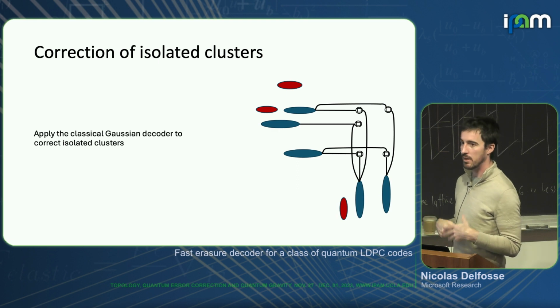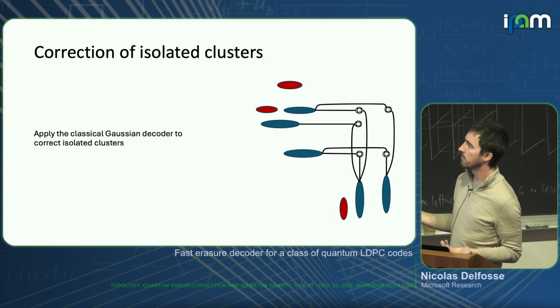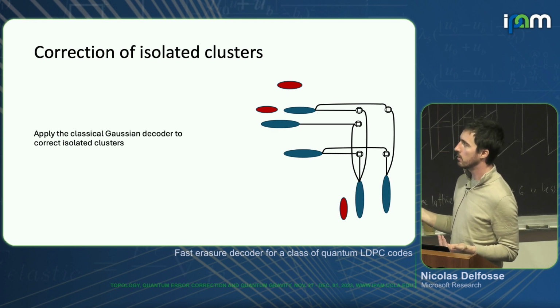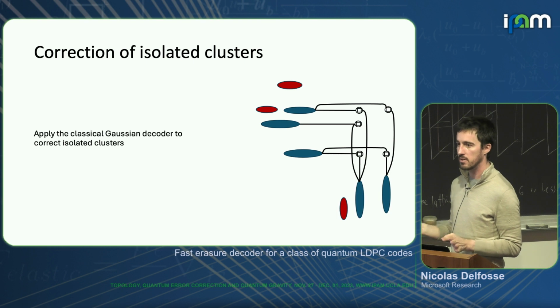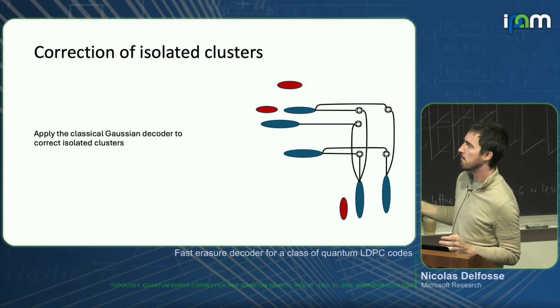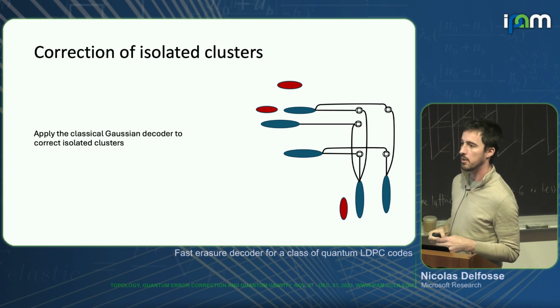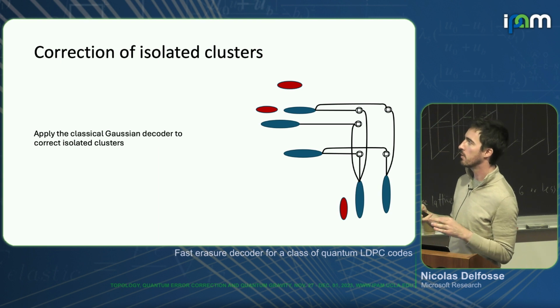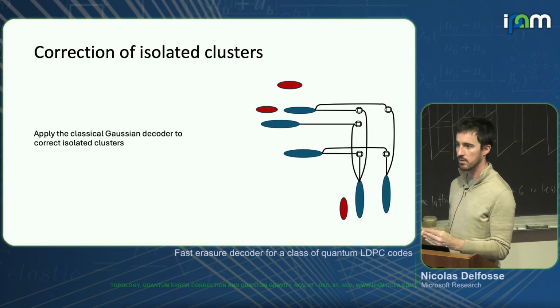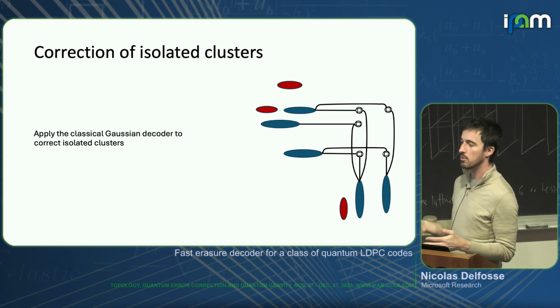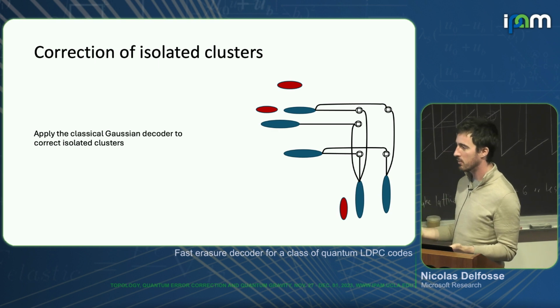So now, let's correct in this graph. The first thing we're going to do is look at the simplest part, the isolated clusters. It's a single cluster. It's not connected to anything else. And all of them have a small size. They are included in a row, so they have at most square root of n vertices. So I'm going to do the most brutal thing I can do.